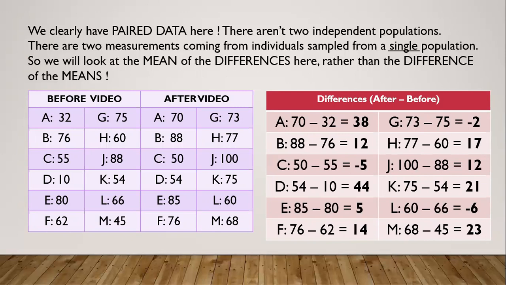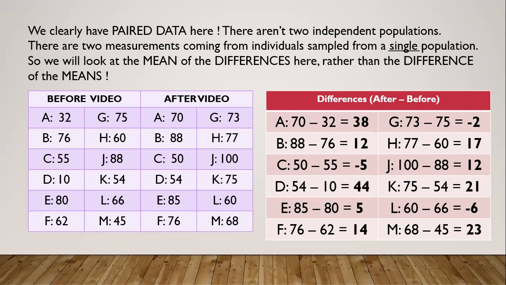And we'll compute those out for all of the students. We note when we do that most of the students, labeled A through M, demonstrated an increase in their score. And we did have the occasional student, such as student G, who went from a score of 75 to 73, resulting in a negative difference. But by and large, the video seems like it was useful because in most cases, these differences are positive.